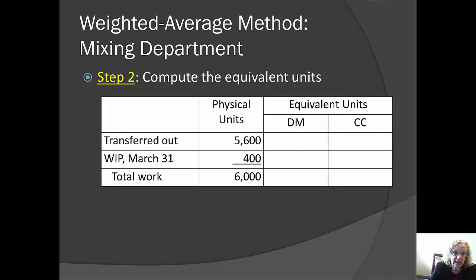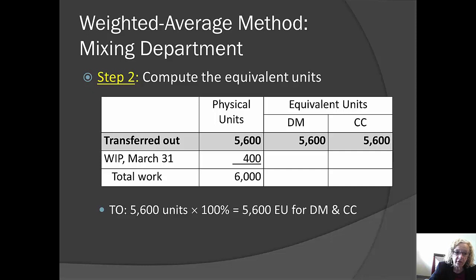Now we're ready to do step 2, and that is to determine the equivalent units for materials and for conversion costs. Equivalent units are a way of expressing how much effort we put into something. So, for example, for the units that were transferred out, we know they were 5,600 physical units.